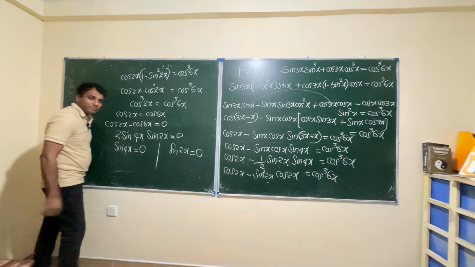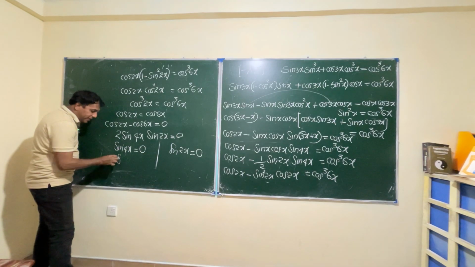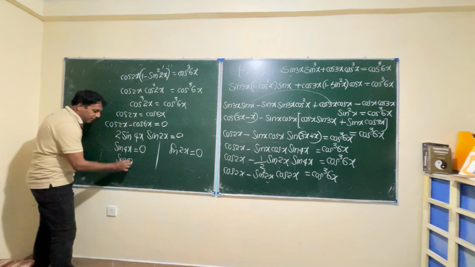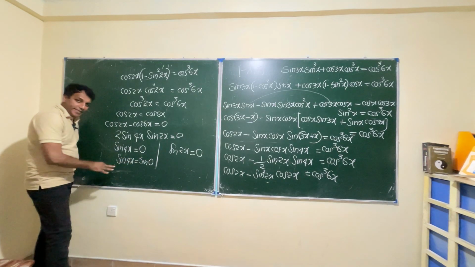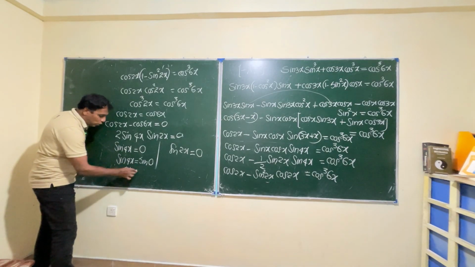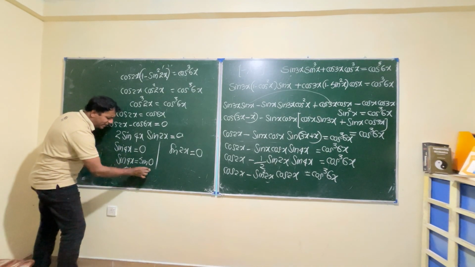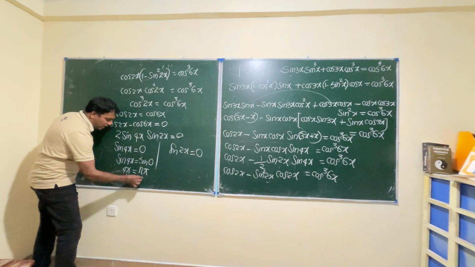Nice work, check. So sine 4x equals 0. So write the general pattern: sine theta equals sine alpha format. Therefore 4x equals n pi only, right? Therefore x equals 1/4 n pi.